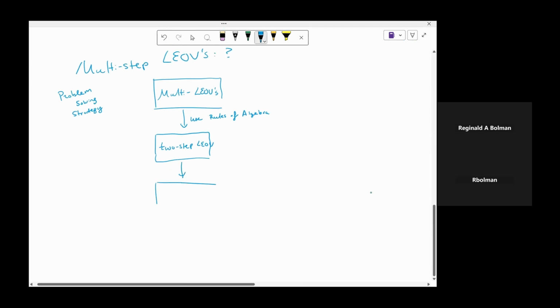And then once we get a two-step LEOV, we can use the rules of algebra again, but specifically we'll use the additive and then multiplicative inverses to finesse the two-step LEOV, in the method we've described previously, to be a one-step LEOV. And from there, you're able to obtain your solution fairly easily.